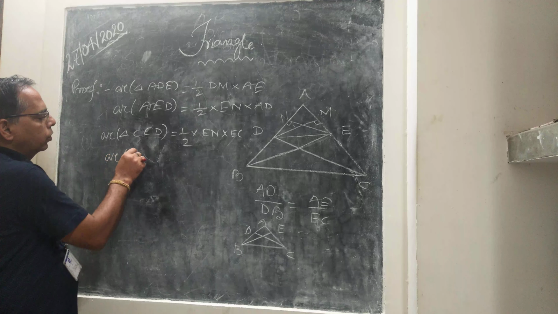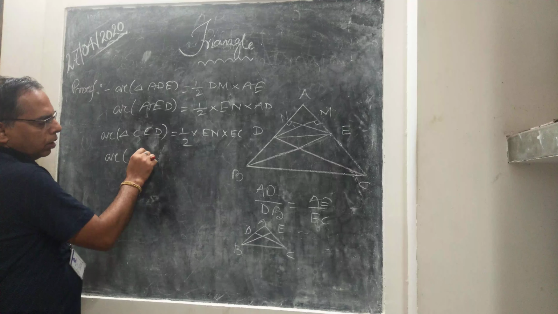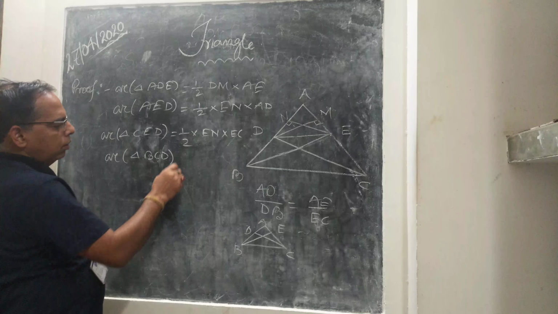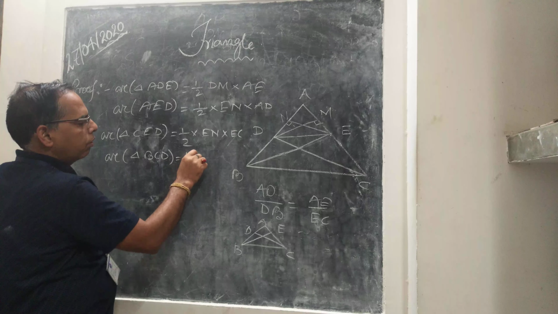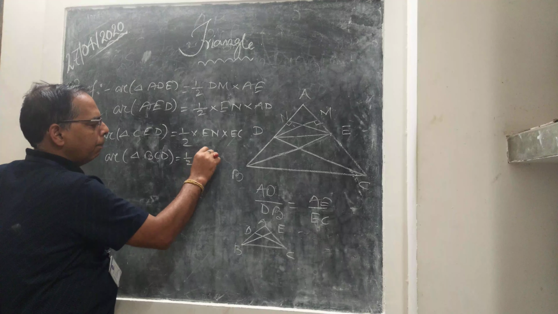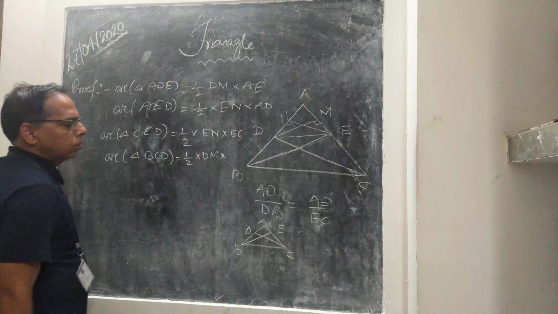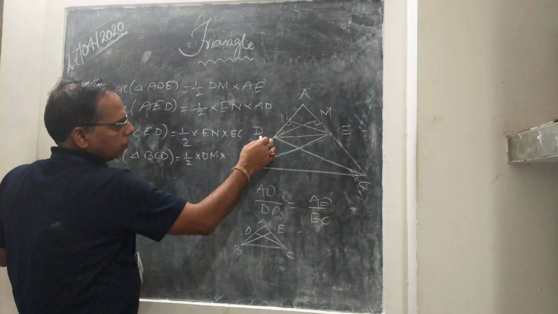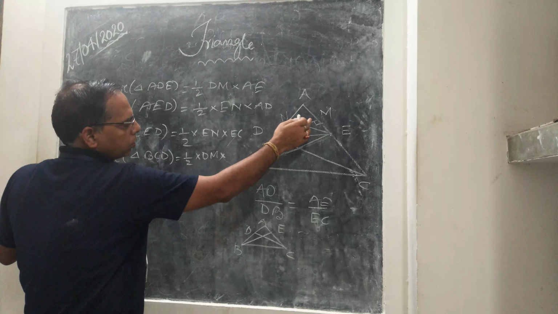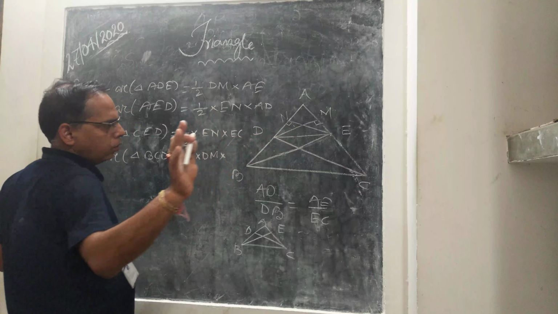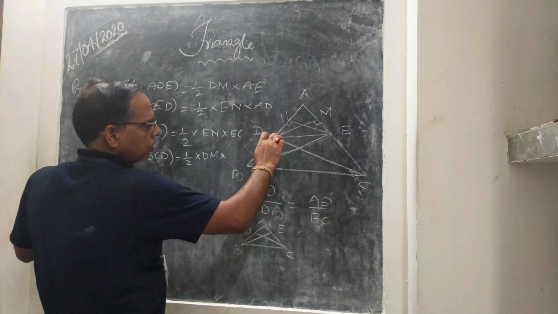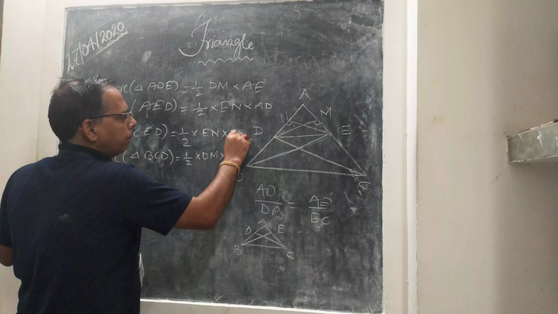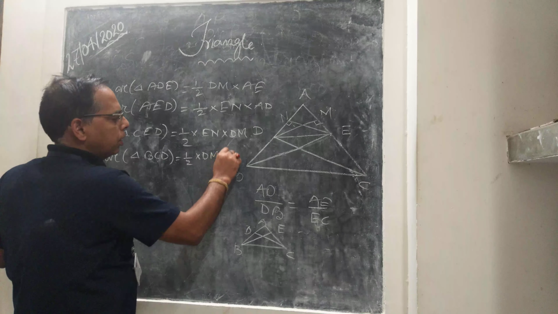Then area of triangle BCD, we get half into DM into what? So this is the altitude. Yes or no? I have done one mistake. Just a minute. This is supposed to be DM, and this is supposed to be EN.